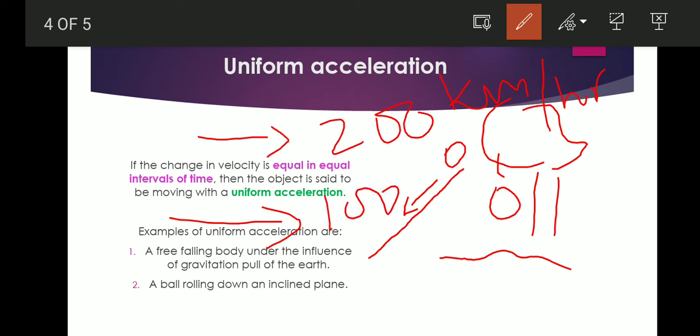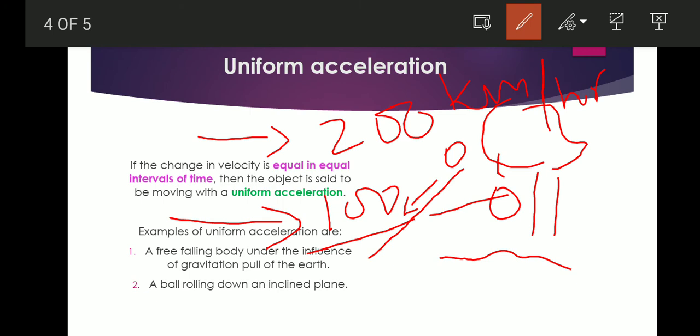In that case, that train is moving with a uniform acceleration, since its velocity is the same everywhere. So we can say the train is moving with a uniform acceleration.